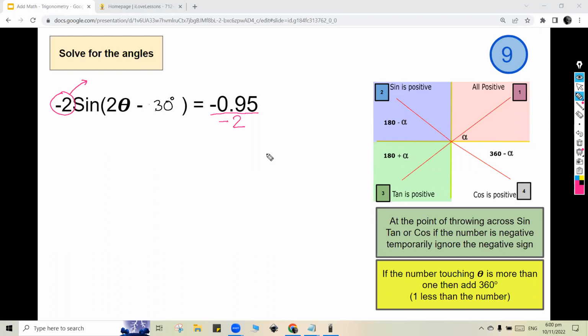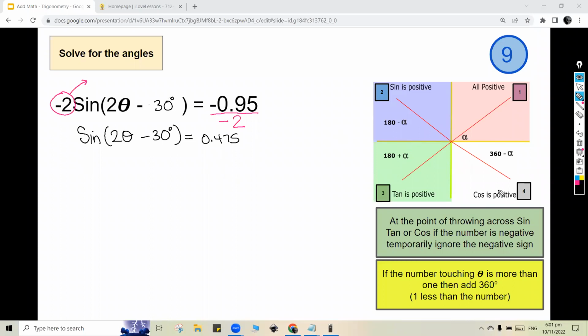So let's just keep it. I am getting sine of 2 theta minus 30 degrees is equal to positive 0.475, right? Because when you divide two negatives, you'll get what? A positive.